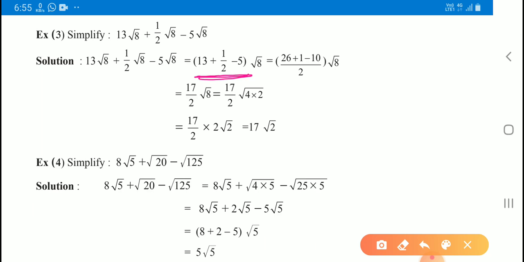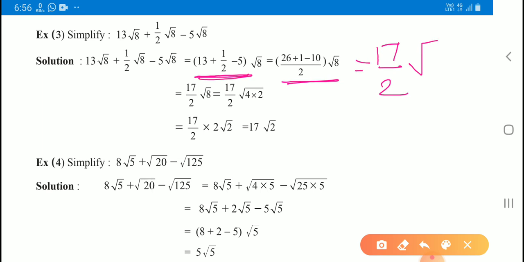So here we made the denominator 2. Then 13 2s are 26 and negative 5 2s are negative 10. Then after subtracting you get the answer 17 upon 2 root 8.